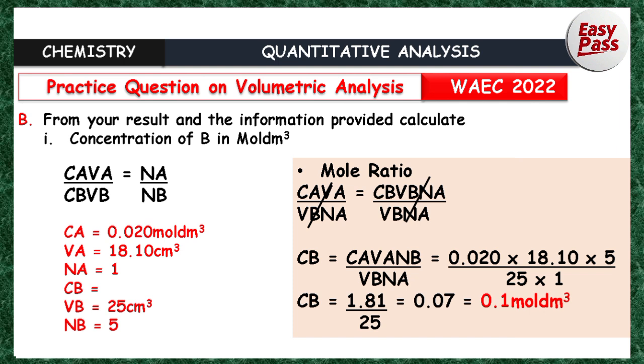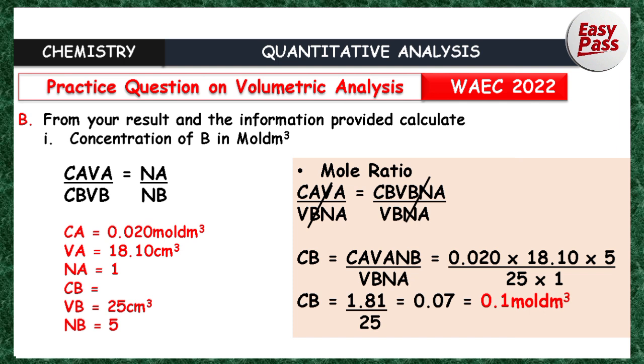Here we multiply the upper side, and we have CB is equals to 1.81 divided by 25. Then your answer is 0.07, approximately 0.1 mole dm³, which is our concentration of what? B in mole dm³.